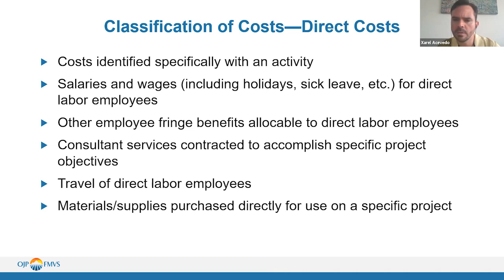An example of this is salaries and wages. This includes holiday and sick leave for direct employees. It also includes fringe benefits that are traceable back to these specific direct labor employees, okay?